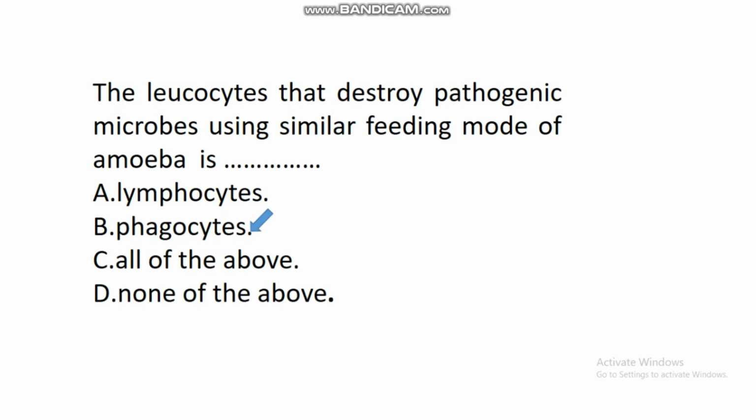So these blood cells called phagocytes destroy harmful microorganisms by engulfing this microorganism. And this process called engulfment, or this process of engulfing these harmful organisms, is similar feeding mode of amoeba.